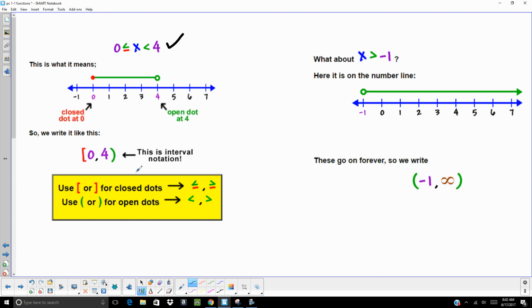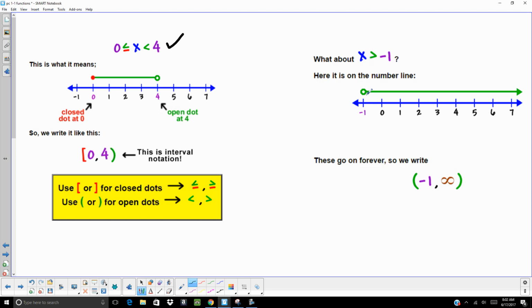This is called interval notation, and I'll go back and forth sometimes between interval notation and showing it as an inequality. You'll see interval notation a lot on standardized tests, so you need to be familiar with it. That is not an ordered pair. It just means your solution is from 0 to 4 and includes 0.